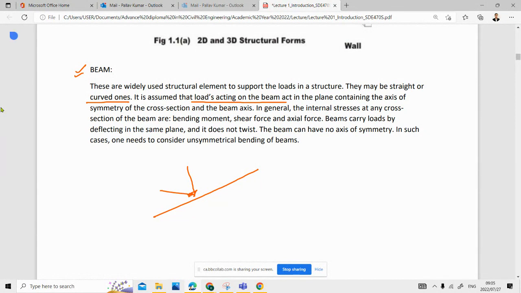That is what they are explaining here: the load acting on the beam acts in a plane containing the axis of symmetry of the cross section and the beam axis, right?